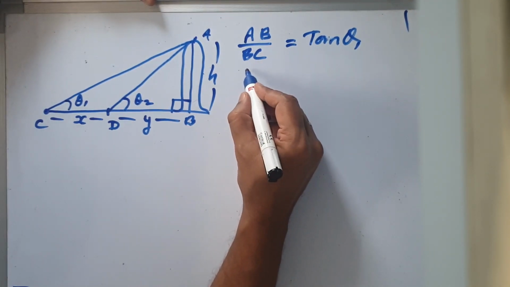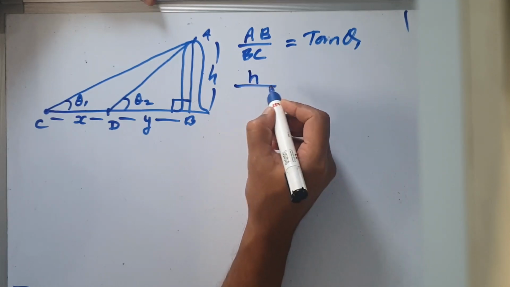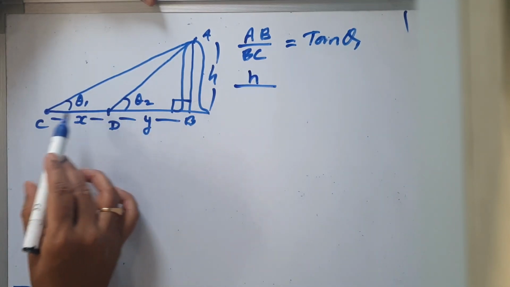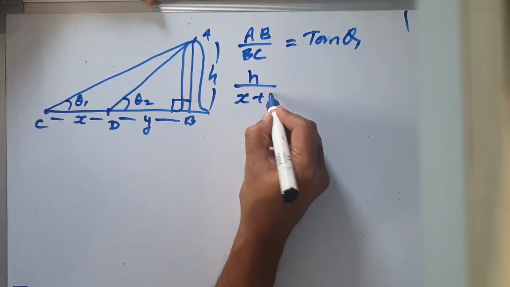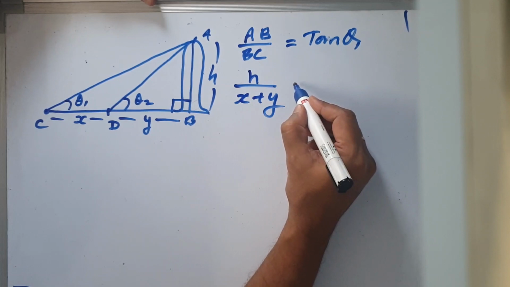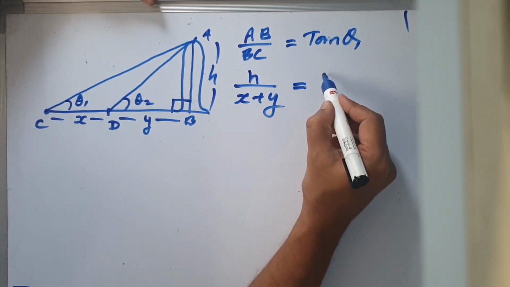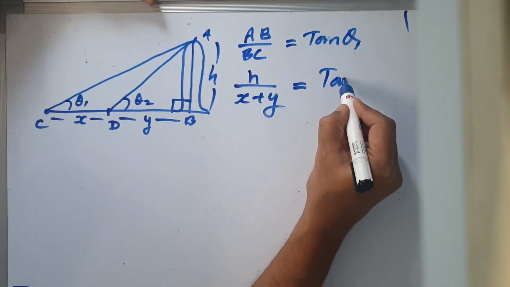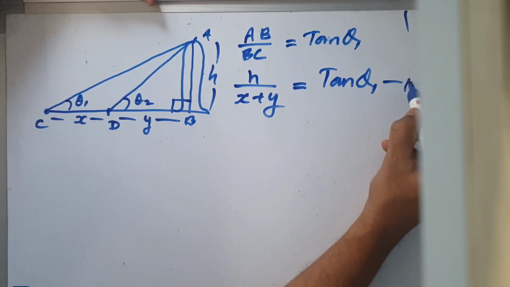Now, what is this AB? It is H. What is BC? It is BD plus CD. What is that? X plus Y. So H upon X plus Y is equal to tan θ1. This is equation 1.